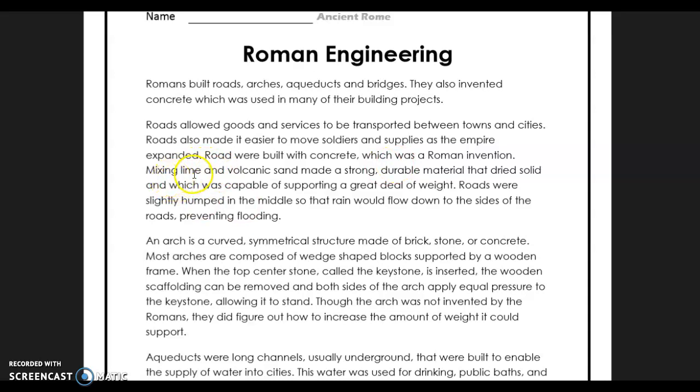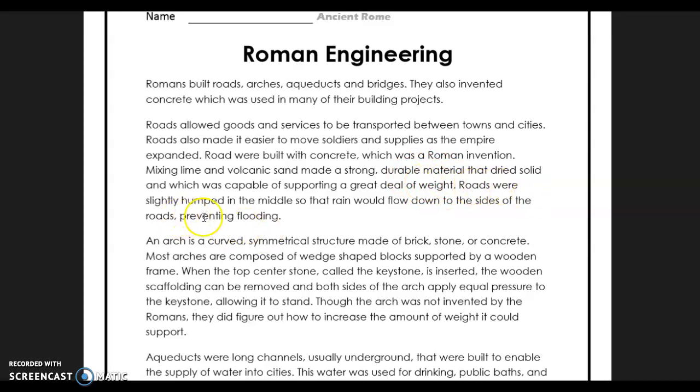By mixing lime and volcanic sand made a strong, durable material that dried solid and which was capable of supporting a great deal of weight. So it is made from lime and volcanic sand, and when they are put together, they become strong and hard. And they can carry weight, ثقل, وزن.